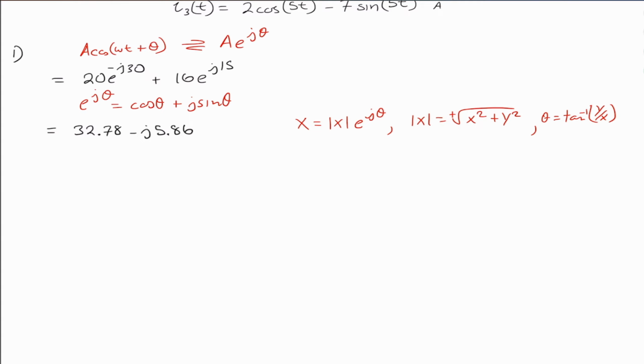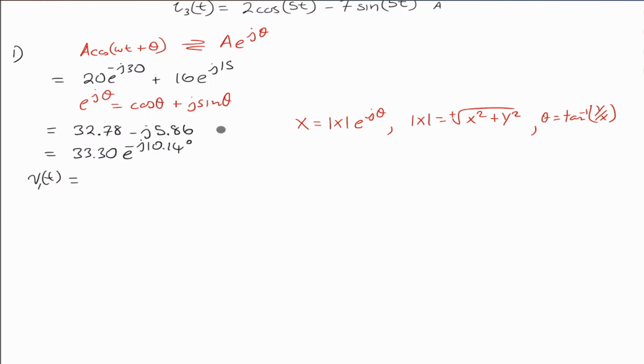So this then goes to a magnitude of 33.30 and a complex exponential of e to the minus j 10.14 degrees.